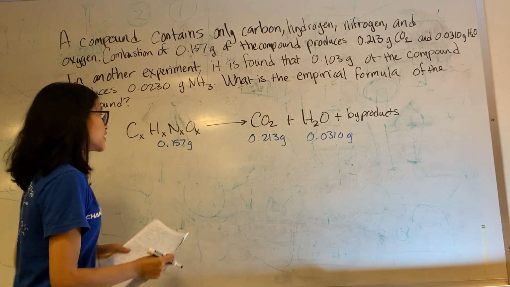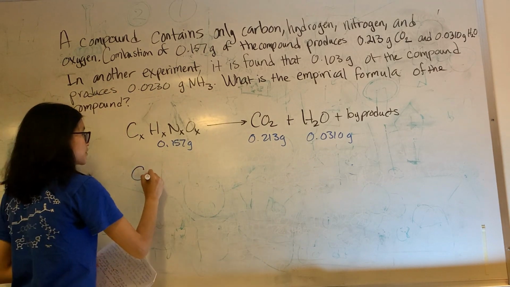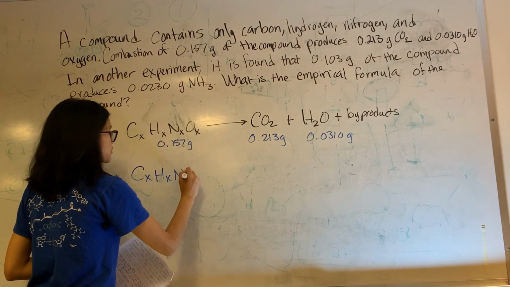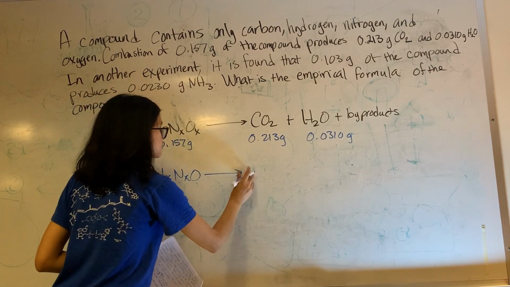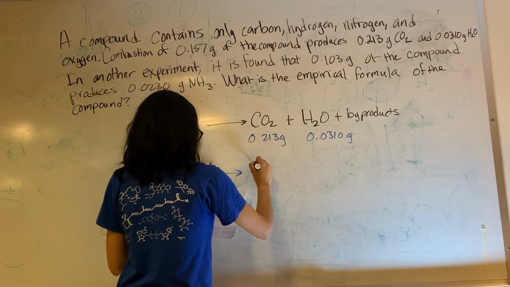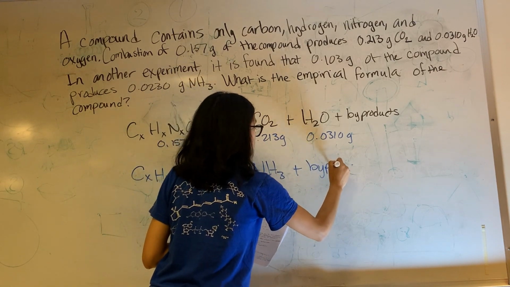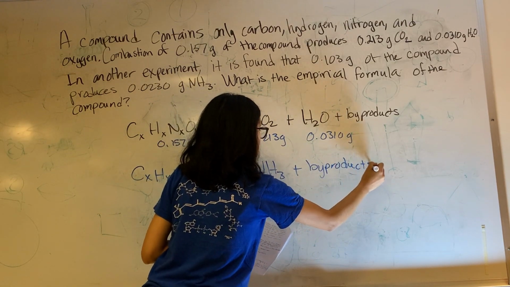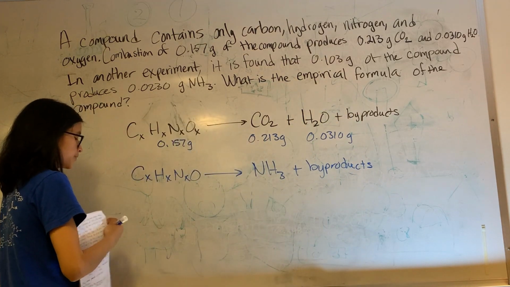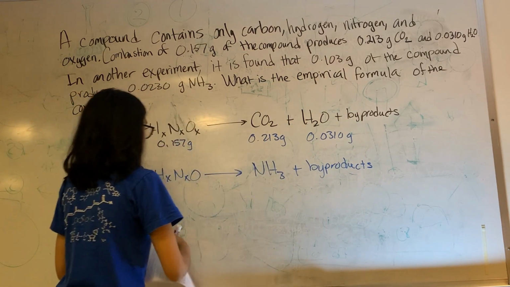And then there's a second problem, right, where you have another sample of this mystery compound, and it's going to ammonia plus other byproducts. So in this one, we have a different starting amount.